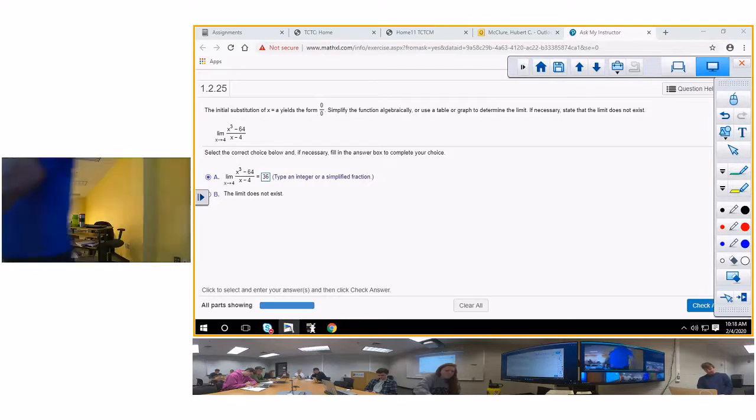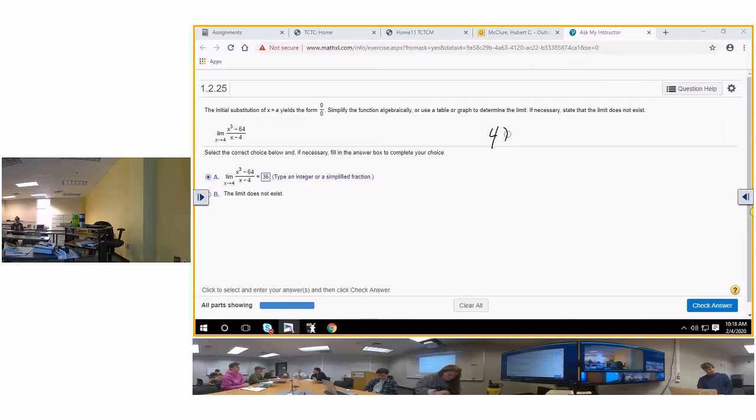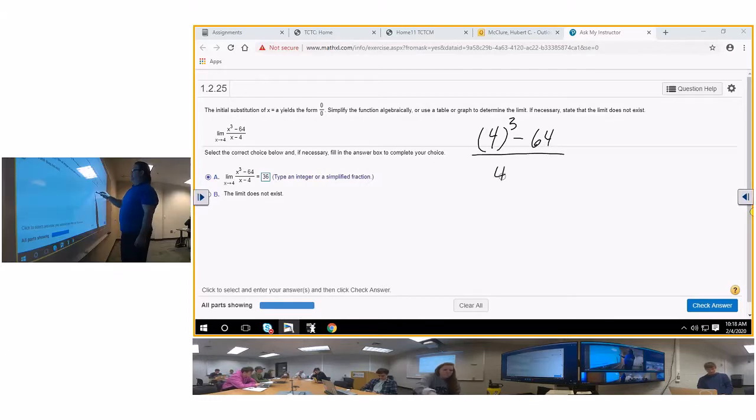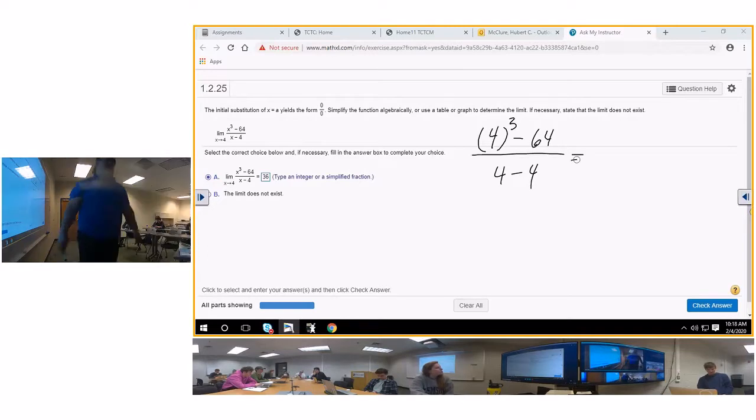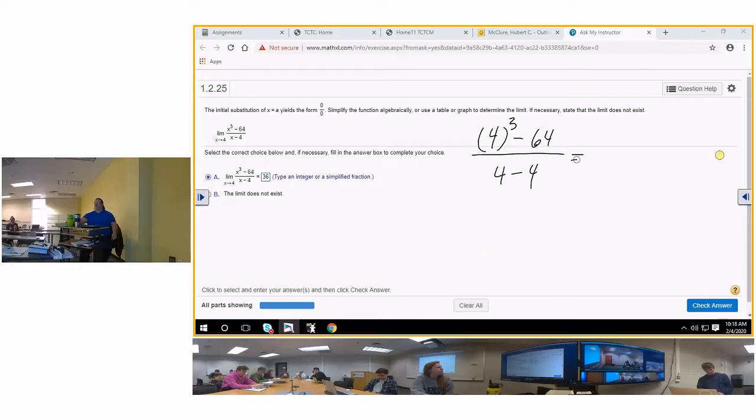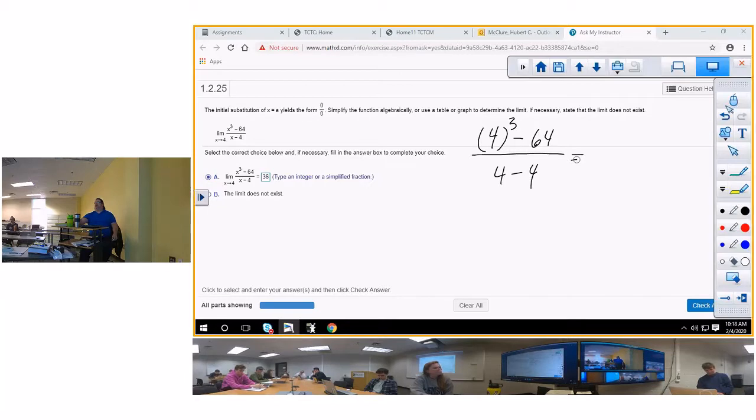So plug in 4. And when you plug in 4, you're going to get 4 cubed minus 64 over 4 minus 4, which is going to give you an undefined function. You're supposed to factor.